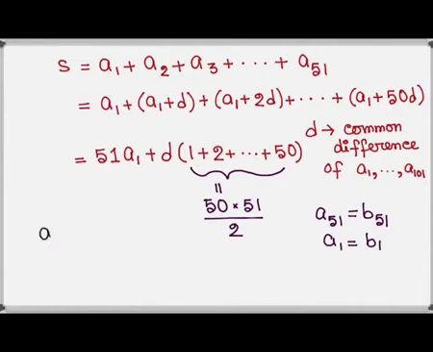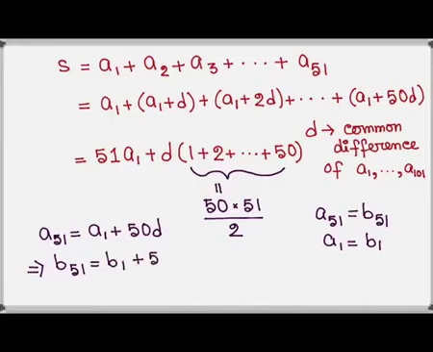So a51 is equal to a1 plus 50d, as a51 is equal to b51 and a1 is equal to b1, we get b51 is equal to b1 plus 50d.